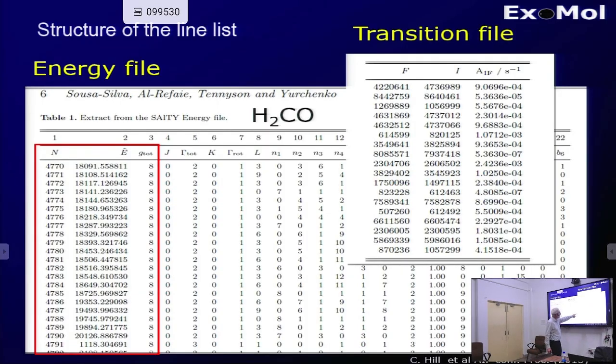So it's saying the final state is state 870,236. The initial state is state 1,057,299, and those you just have to look up in the list. And these line lists are huge. The one for formaldehyde had billions of transitions in. So this trans file can be gigabytes, many gigabytes long.